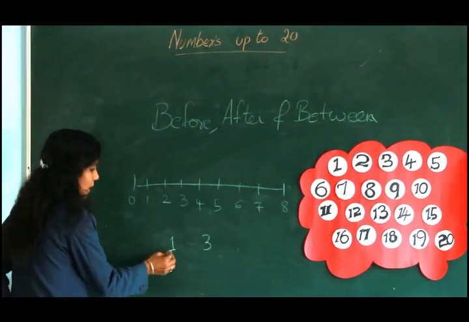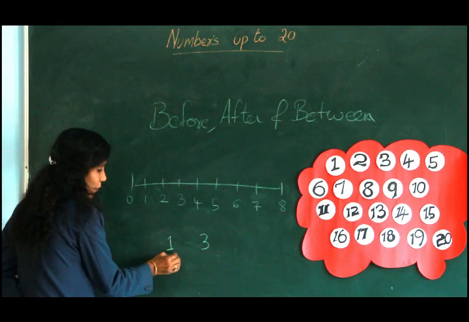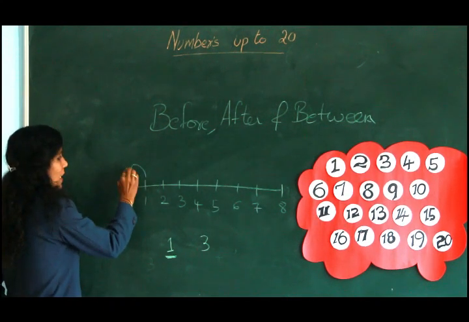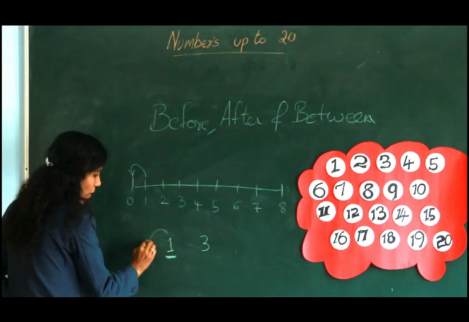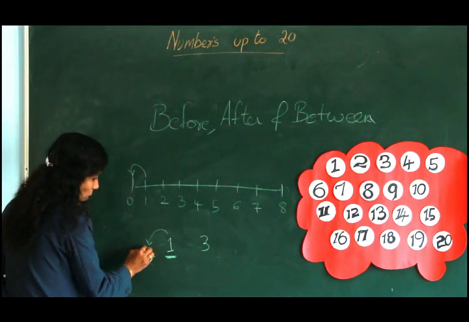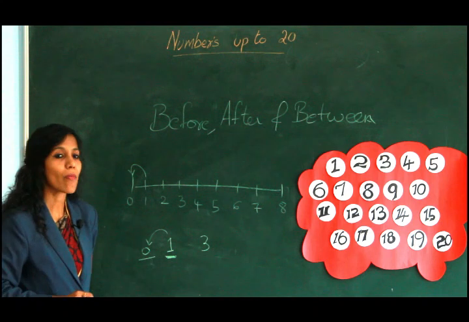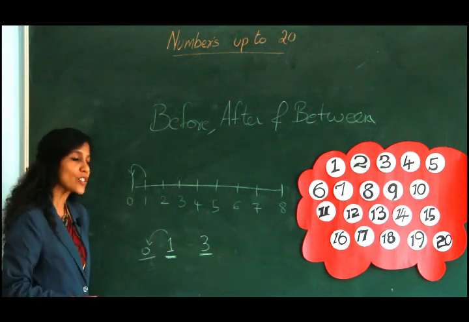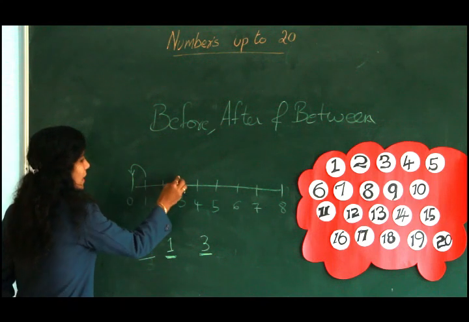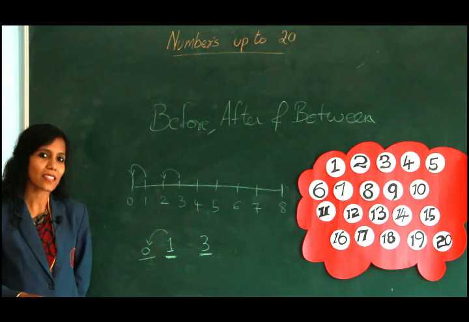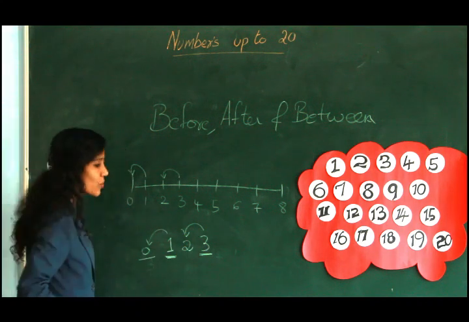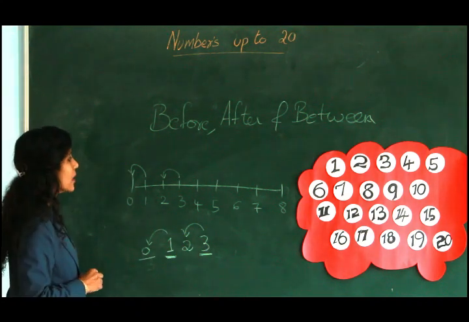So, what comes before 1? The number before 1 is 0. Similarly, when we take 3, which is the number which comes before 3? Yes, you are right. It is 2. The number before 3 is 2.